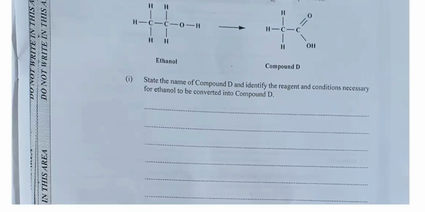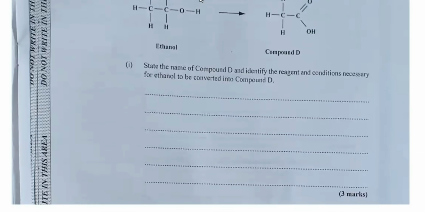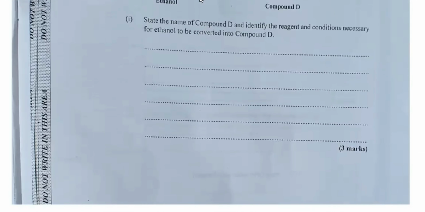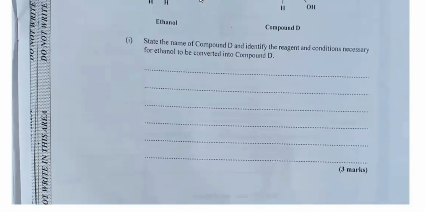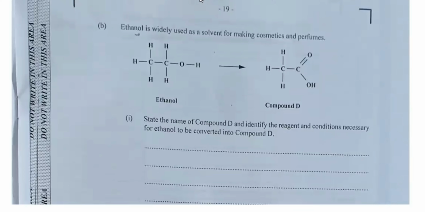How on God's green earth am I going to convert ethanol to ethanoic acid? Now, if you remember when I was going through the reactions of organic chemistry paper, I said you must know reaction conditions because they will ask you about that. Lo and behold, they're asking you about it here. When was this? June 2020. So you would have to know how to convert an alcohol to an acid.